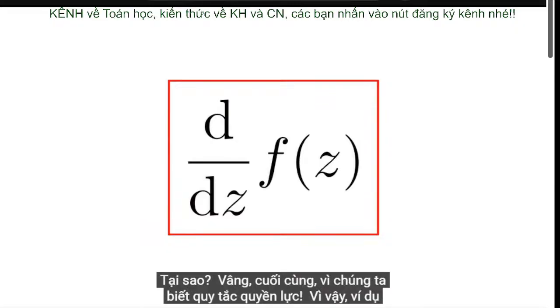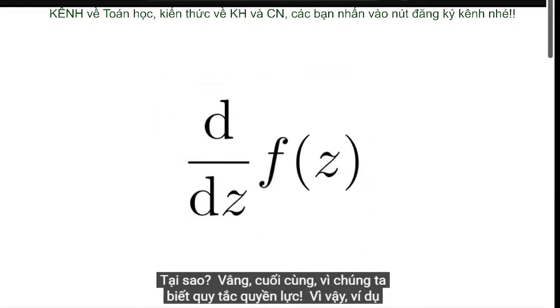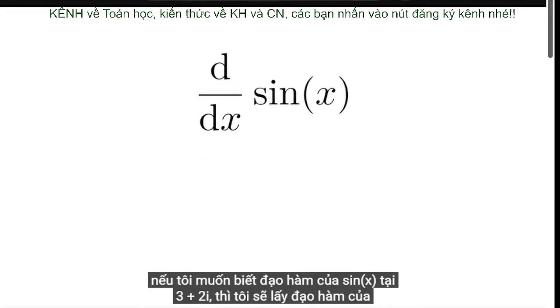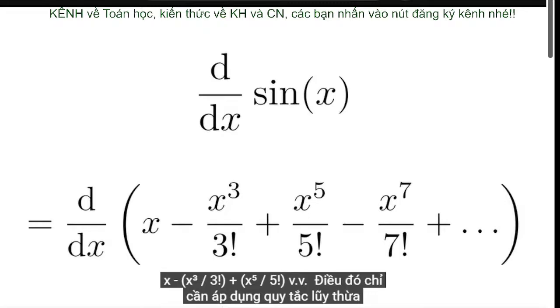Why? Well, ultimately, because we know the power rule. So, for example, if I want to know the derivative of sine of x at 3 plus 2i, then what I do is I take the derivative of x minus x cubed over 3 factorial plus x to the 5th over 5 factorial and so on. That just requires the power rule.